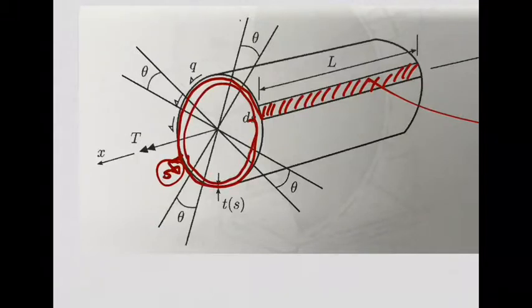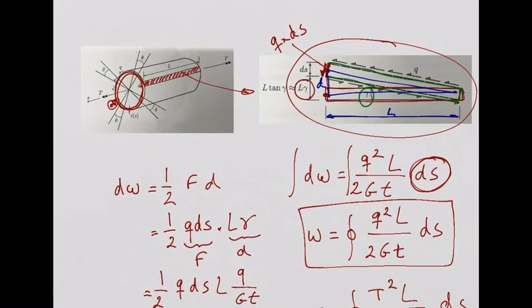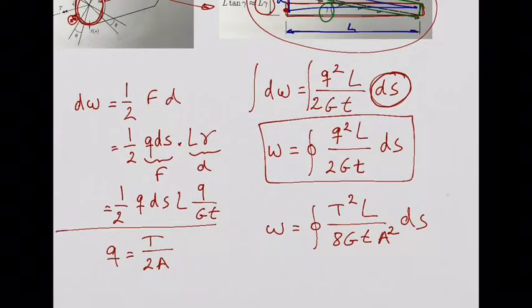That's what this integral means, on the contour of the cross-section. In this case, this is a circular cross-section, so this s variable goes from 0 to 2 pi r, where r is the radius of the circle of the cross-section, right?